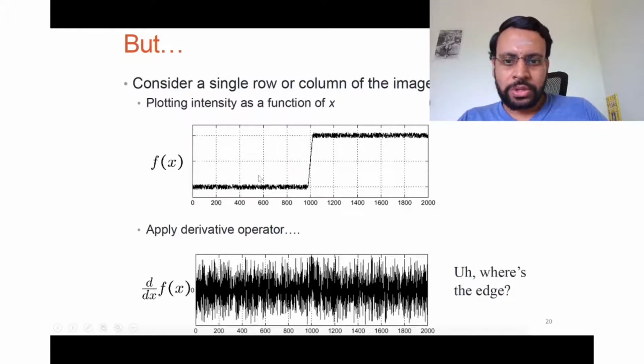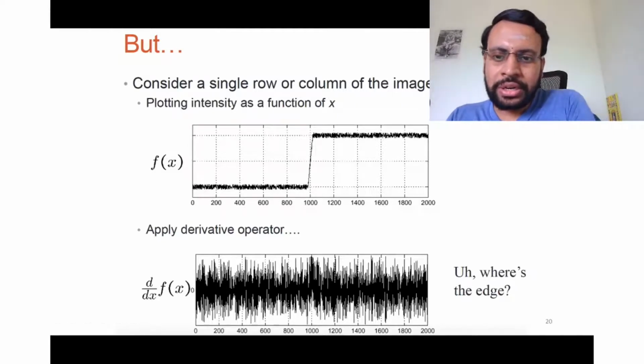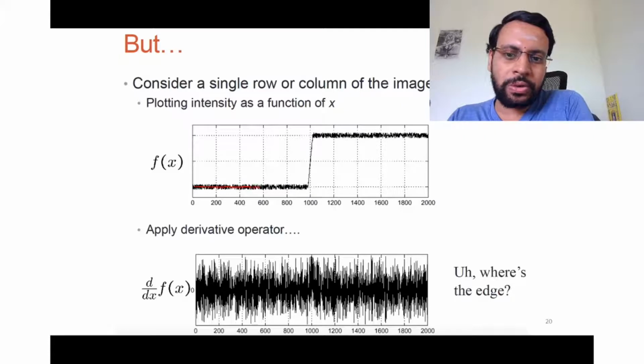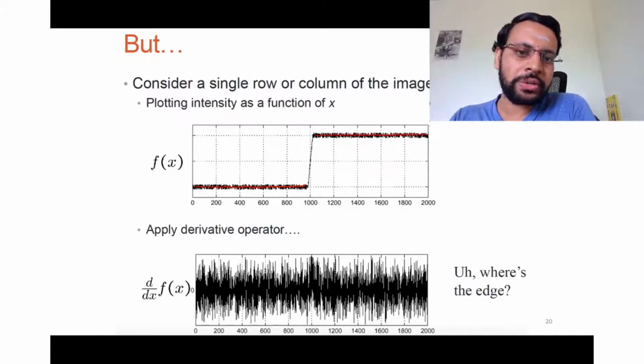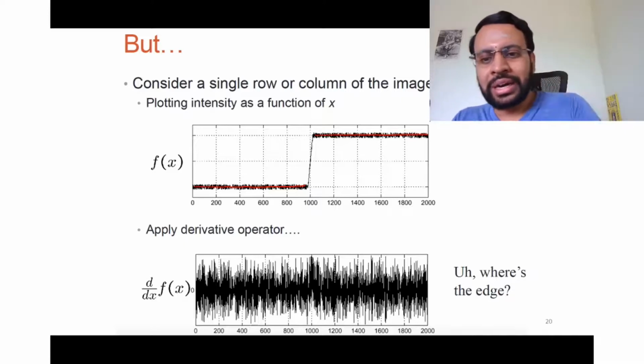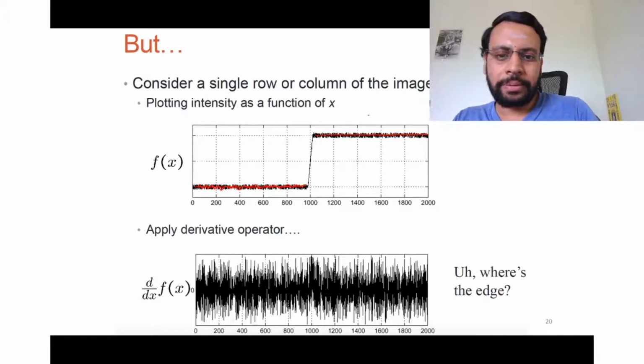But suppose some noise got added to an image, where ideally this is a constant intensity here. Assume that this is how you expect the intensities to be, constant, but what happened is noise got added and there are slight variations happening here, and similarly here.